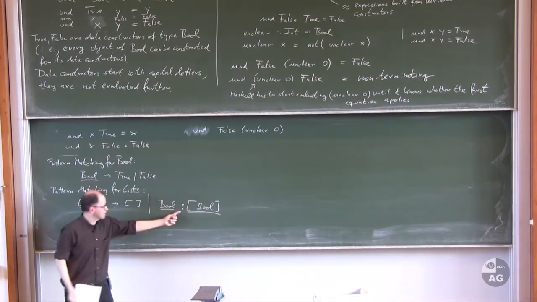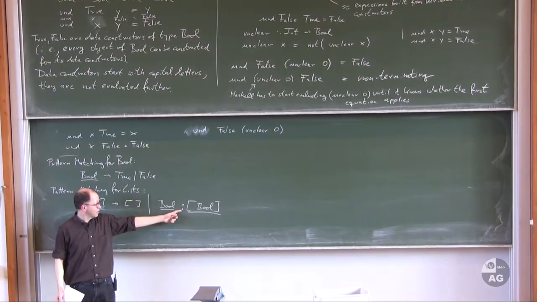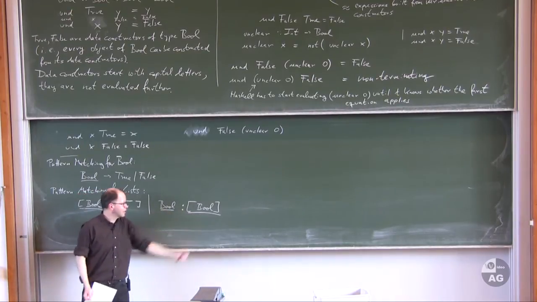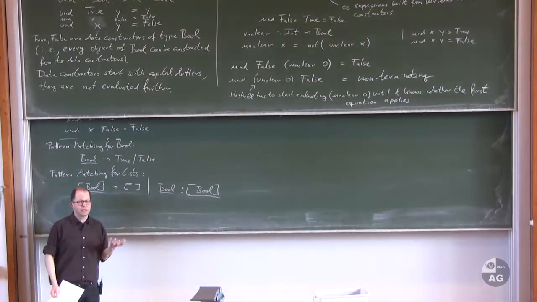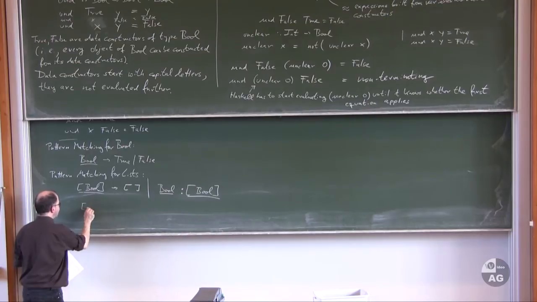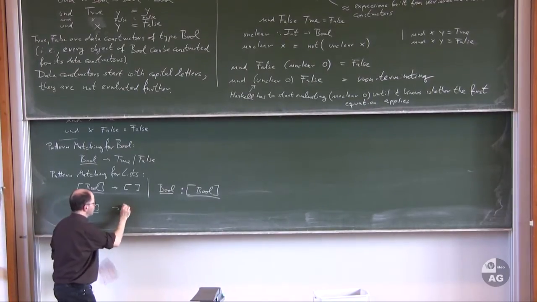And in Haskell, this is the function symbol used for list insertion. So in this way, you can represent a list that has this first argument and this remainder list. And in fact, you can do this for lists of any type. So, well, this is how to do it for lists of Booleans. And if you want to do it for lists of any type A, the same thing would work.